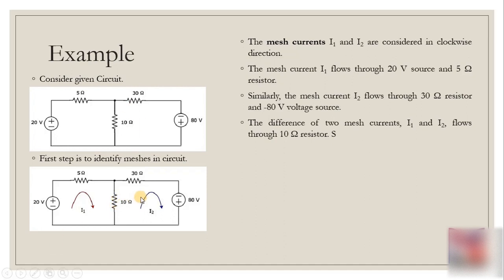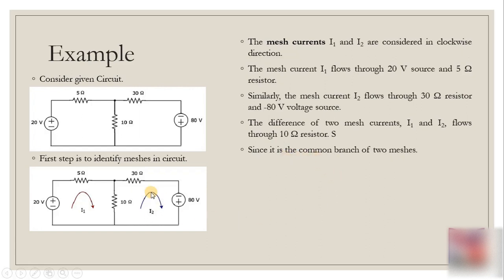Similarly, if we consider the second mesh, then we will consider (I2 minus I1) multiplied by 10 ohms plus I2 multiplied by the 30 ohm resistor equal to 80 volts. This is how you equate Kirchhoff's voltage law equations for both these loops.